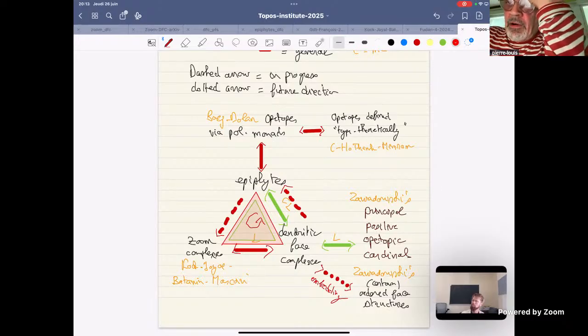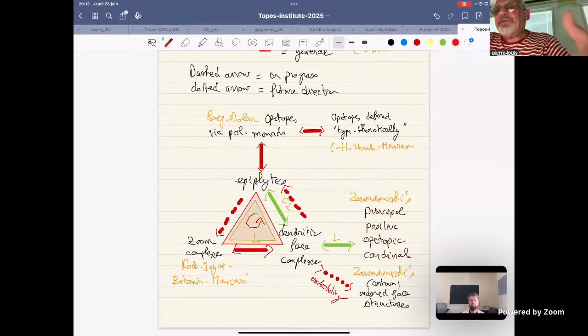And then the two other things, called, with this funny name, epiphytes and dendritic phase complexes. This is a formulation of the same objects, but from different points of view, which I worked out with Louise Leclerc. And part of the goal of the talk is to present these different versions of Opetopes and to relate them to zoom complexes.